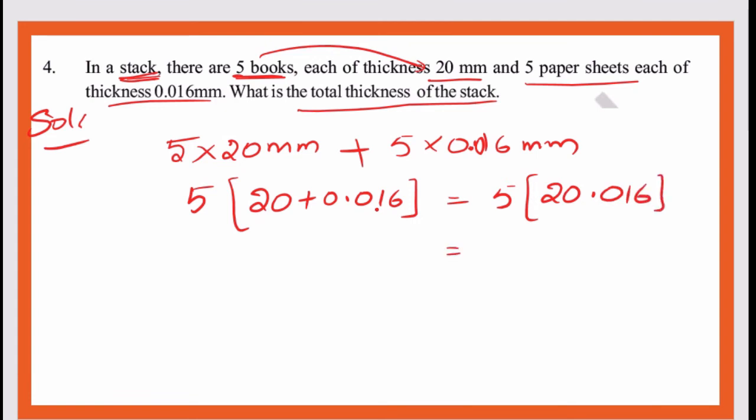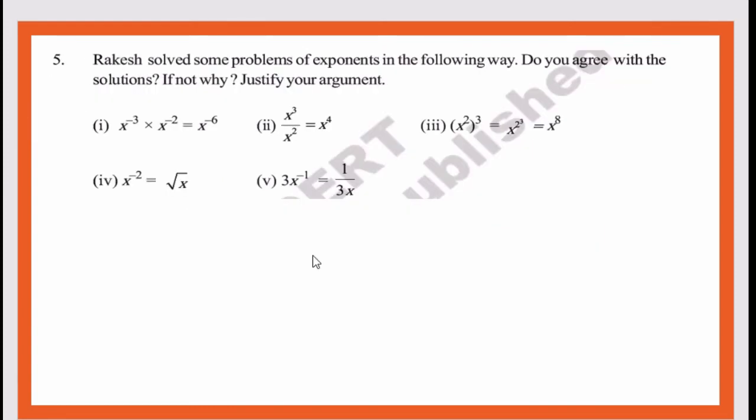If you multiply with 5, 5 sixes are 30, so 3 is remaining. 5 ones are 5 plus 3 is 8. 5 zeros are 0, and after that these are 100. So this much millimeter of thickness is the stack, right? The stack is of this much millimeter thickness. So likewise we can simplify this particular problem, right?